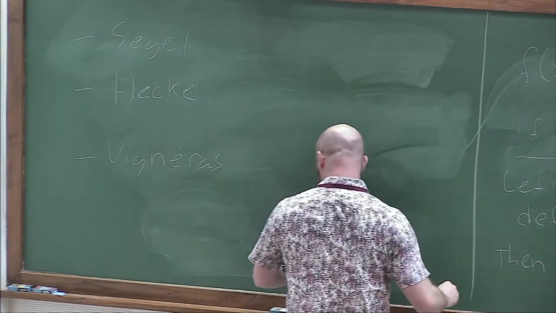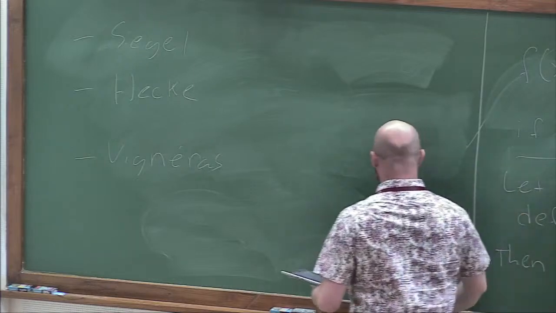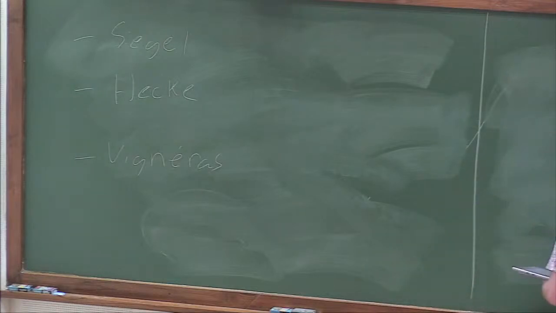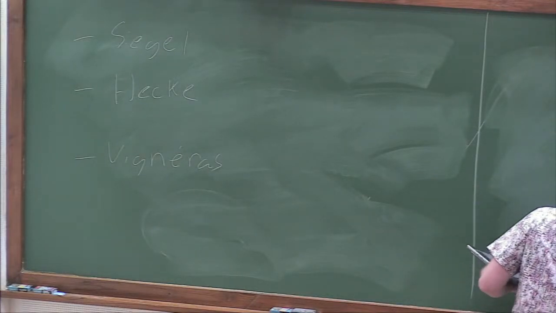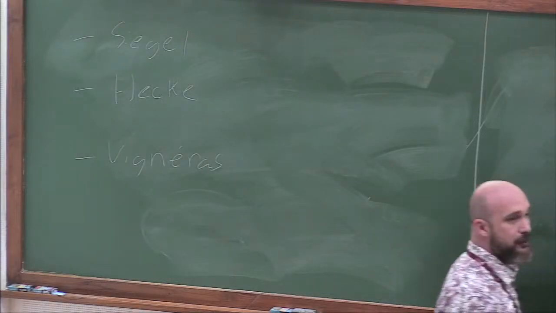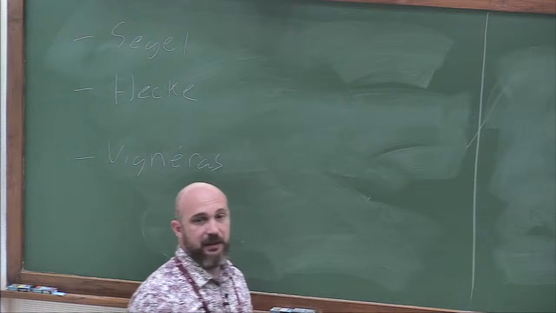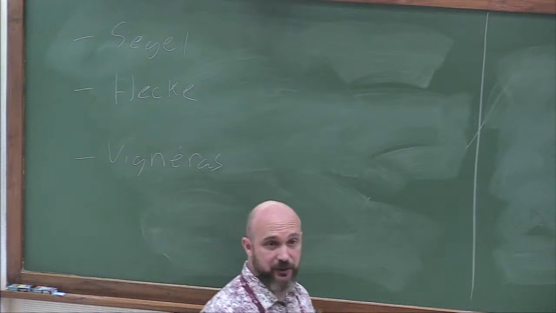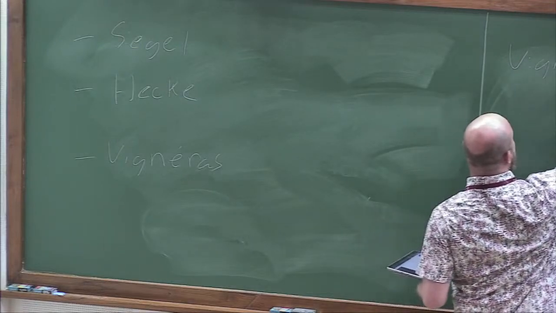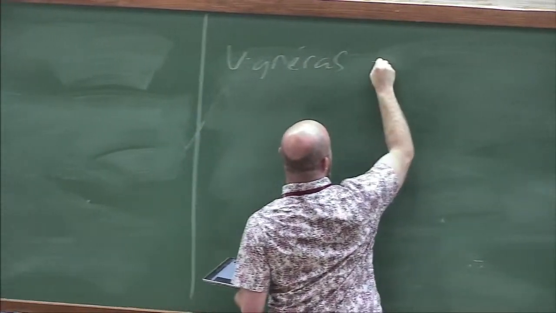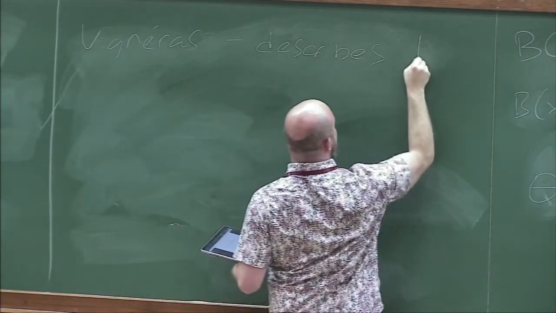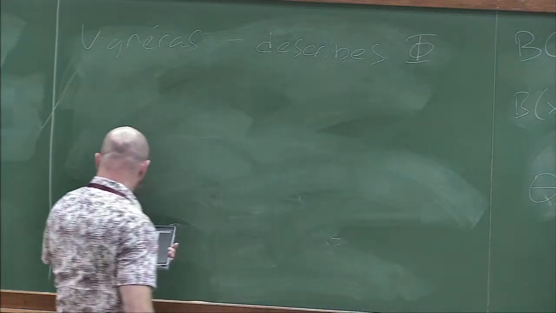So what Vignéras does for us is she gives a very nice and clear description of what that function, capital Phi over there, should be in order to get a nice modular transformation. Vignéras describes this Phi function.